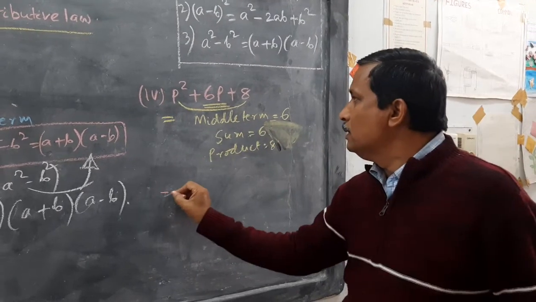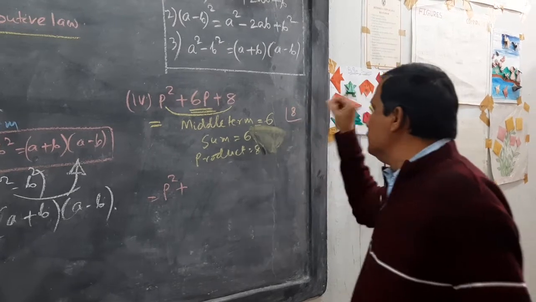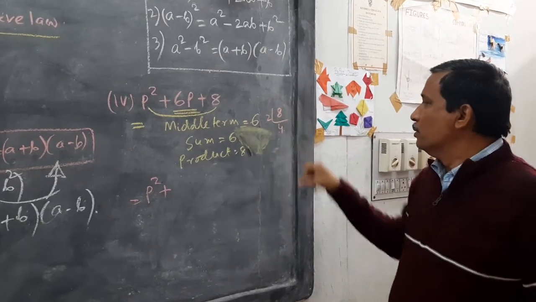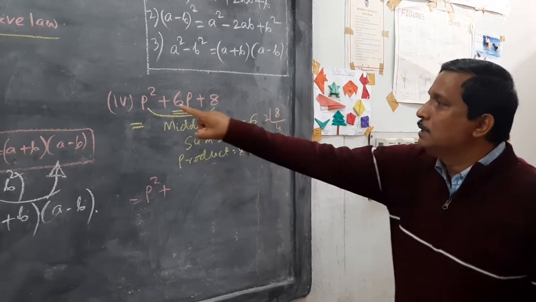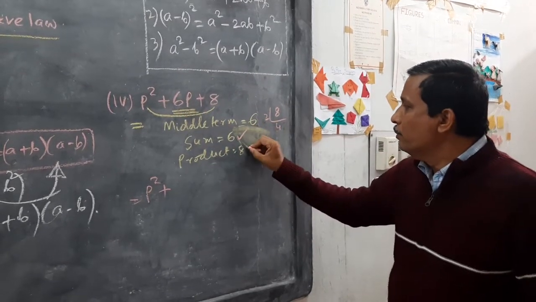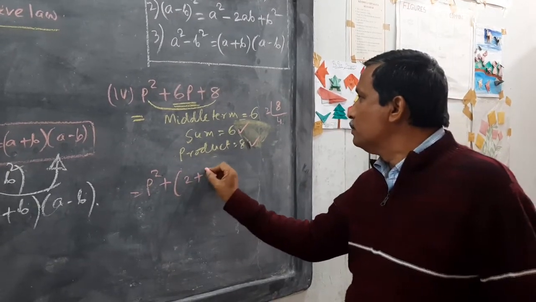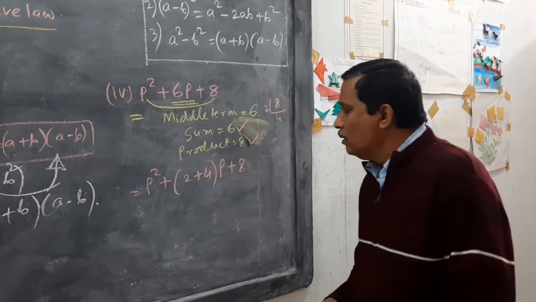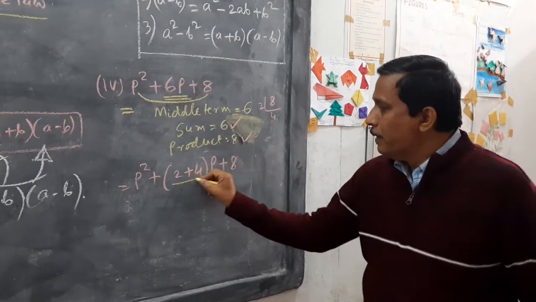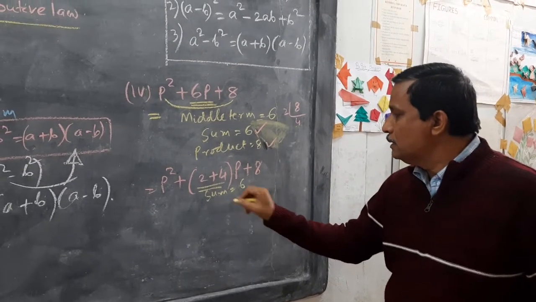So here you see p square. If you try like this, 2 and then 4. You see here 2 times 4 is 8, and 2 plus 4 is also 6. So our condition is fulfilled. So this will be (2 plus 4)p plus 8. Now verify again. This is the sum, the sum is 6.